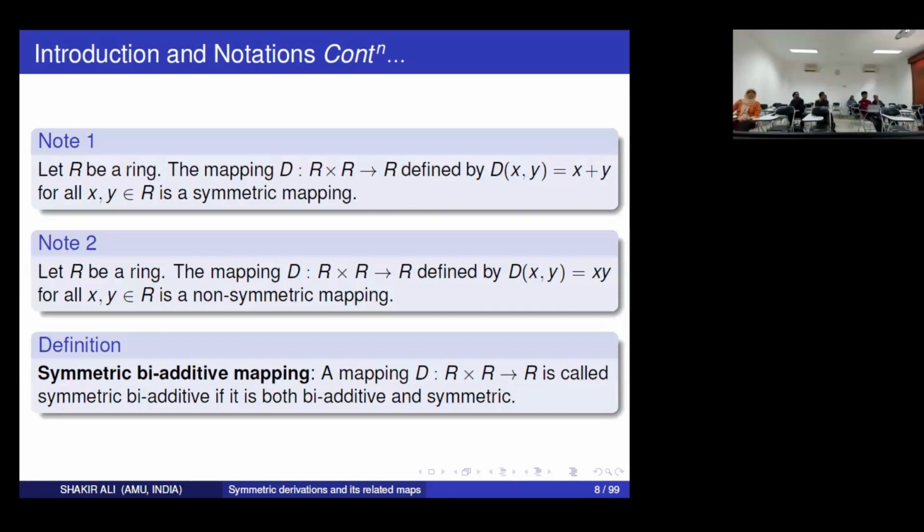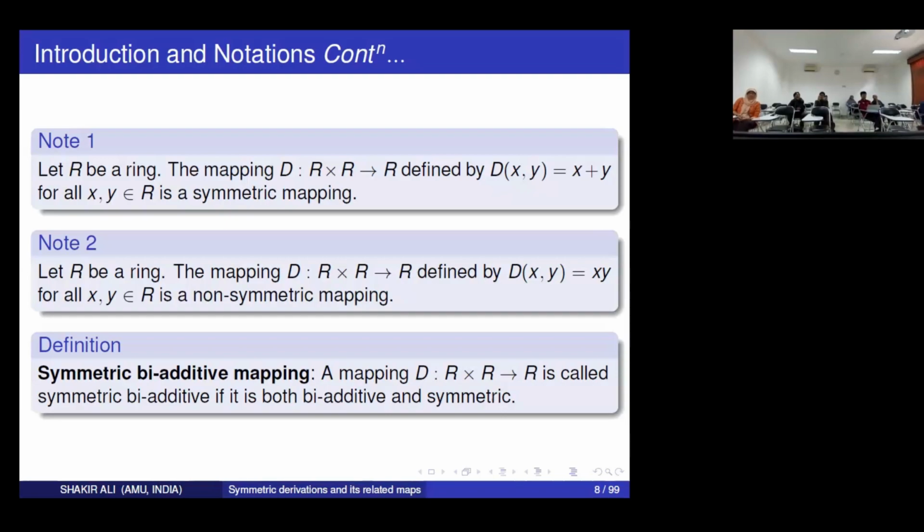So definitely, does it work as previously? The answer is no. Why? Because x times y cannot be commuted with y times x unless R is commutative.